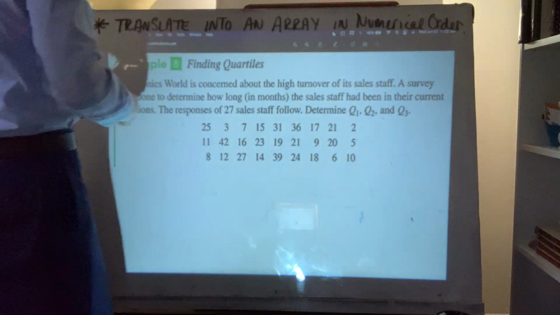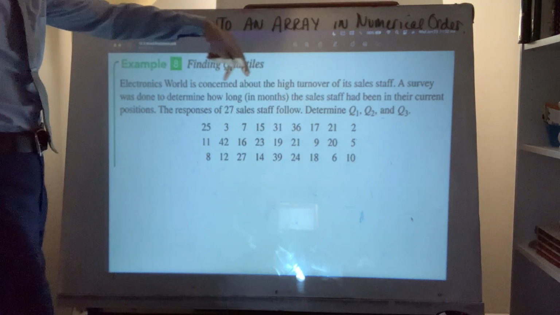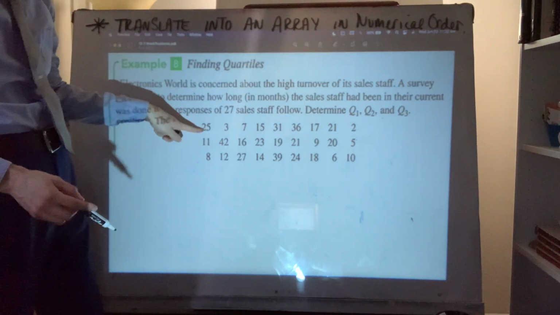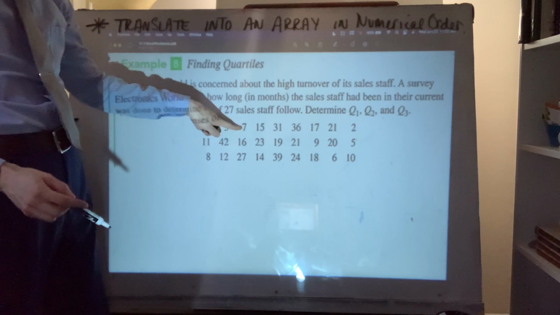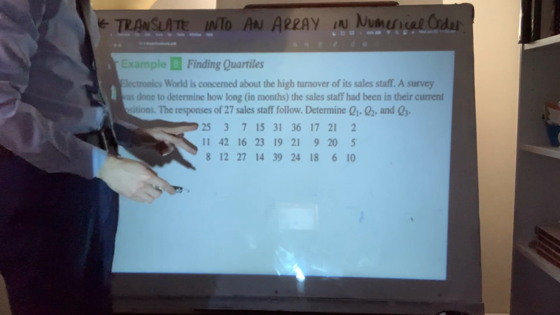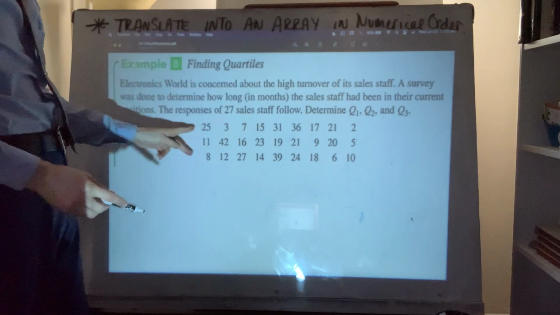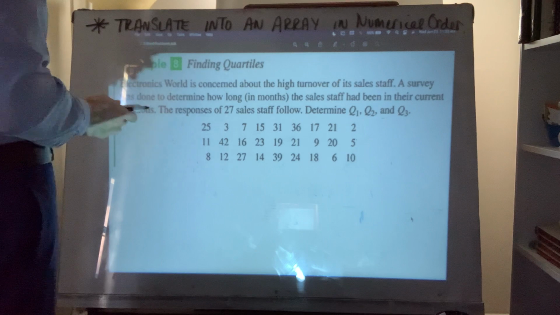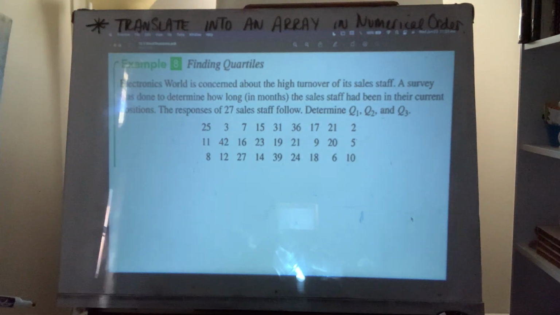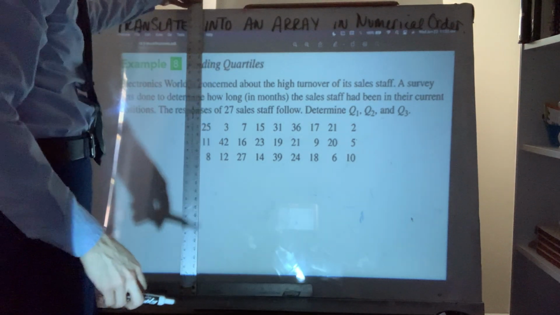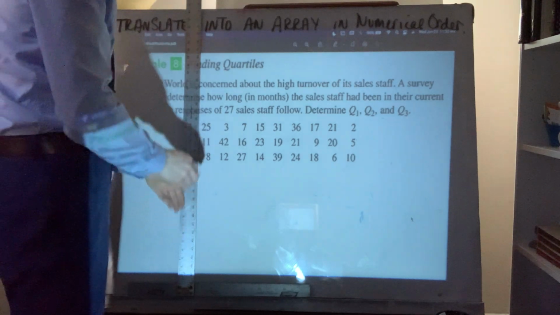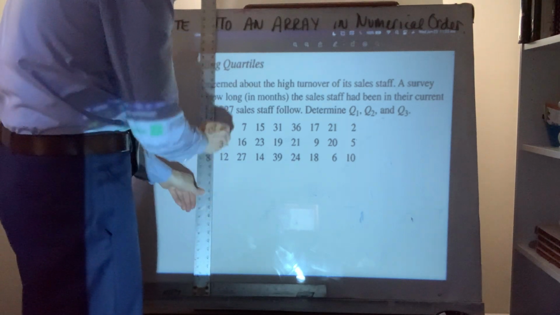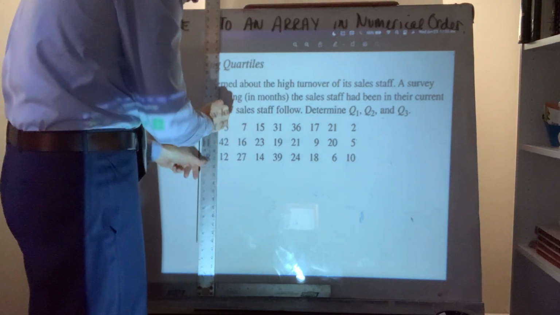They mention these are months that the sales staff have been in their current position. So 25 months, 3 months, 7 months, 15 months, and so forth. But there's 27 people that they got here. So I'm going to borrow the columns here, at least, so I can translate this into an array just below it. So you'll see what I'm doing in a moment. At least I have a ledge.